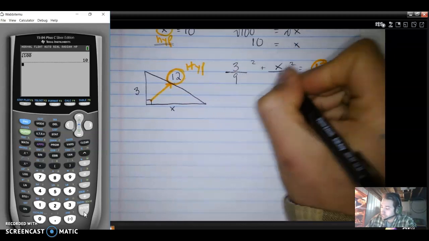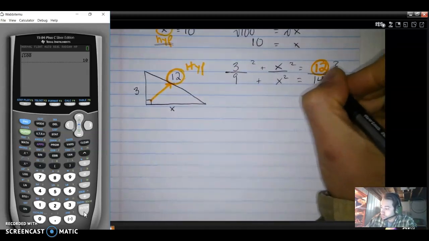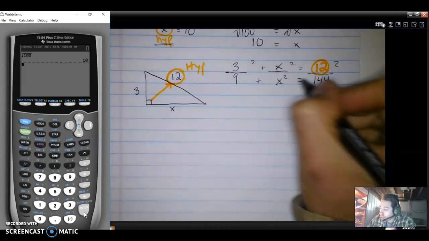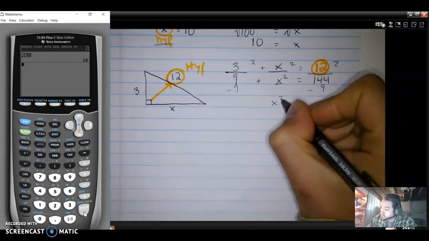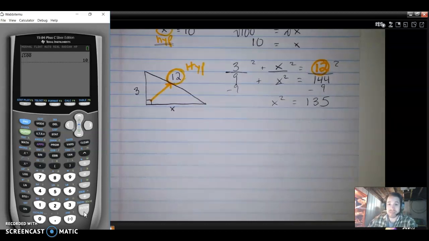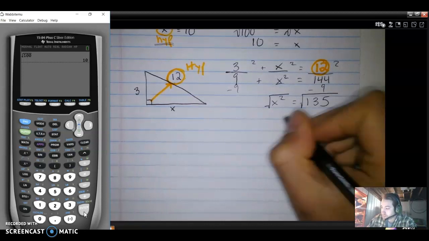3 squared is 9, plus x squared is equal to 144. Now again, we're solving for x. We subtract 9 from both sides, and we get x squared is equal to 135. Again, to get rid of the square, we take the square root.